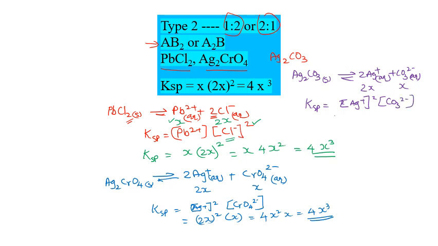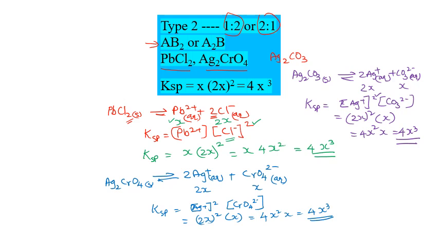And now in terms of x, we can write Ag+ concentration is 2x to the power 2 because there is a power 2 here, right? Then it is going to be x. So that means we will have 2 times 2, 4x squared from this one and x from here. So that means 4x cubed. So whenever you have 3 ions, you can directly write Ksp equal 4x cubed, right?